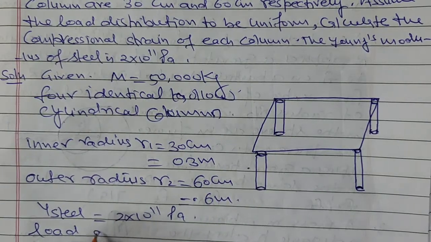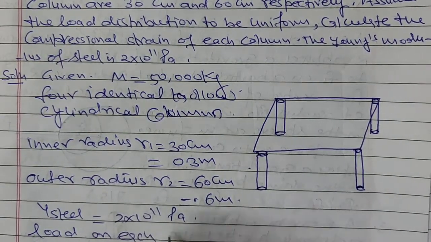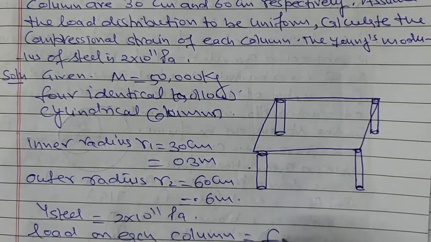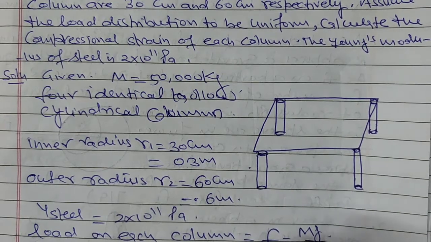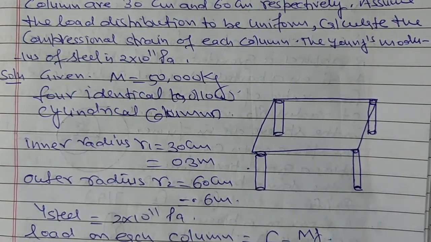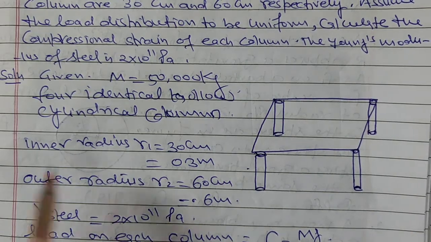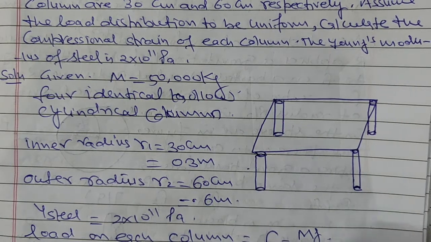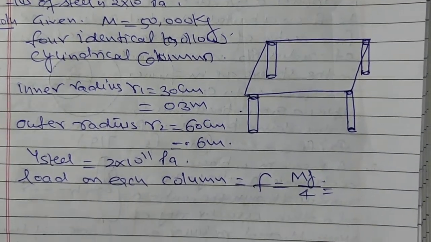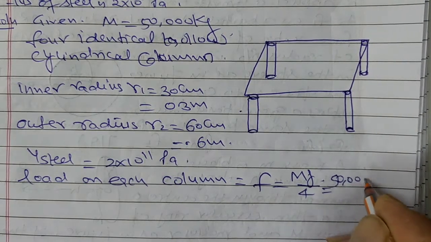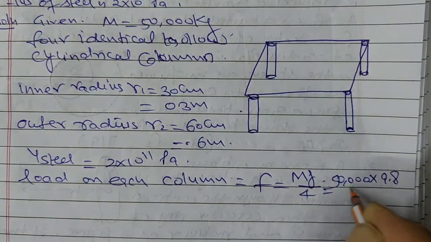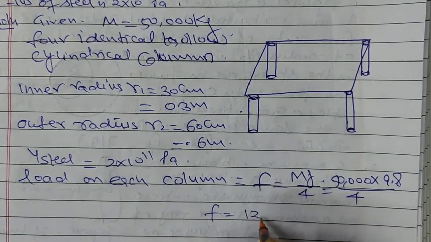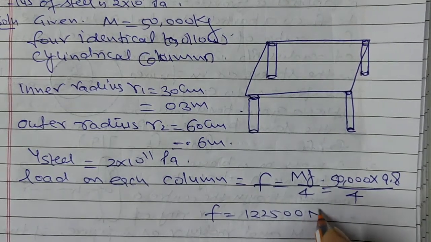Load on each column is equal to F is equal to mg by 4, because there are four columns and total mass 50,000 kg, and therefore this weight is m into g, and this is equal to 50,000 into 9.8 by 4, and on solving this is equal to 122,500 Newton.